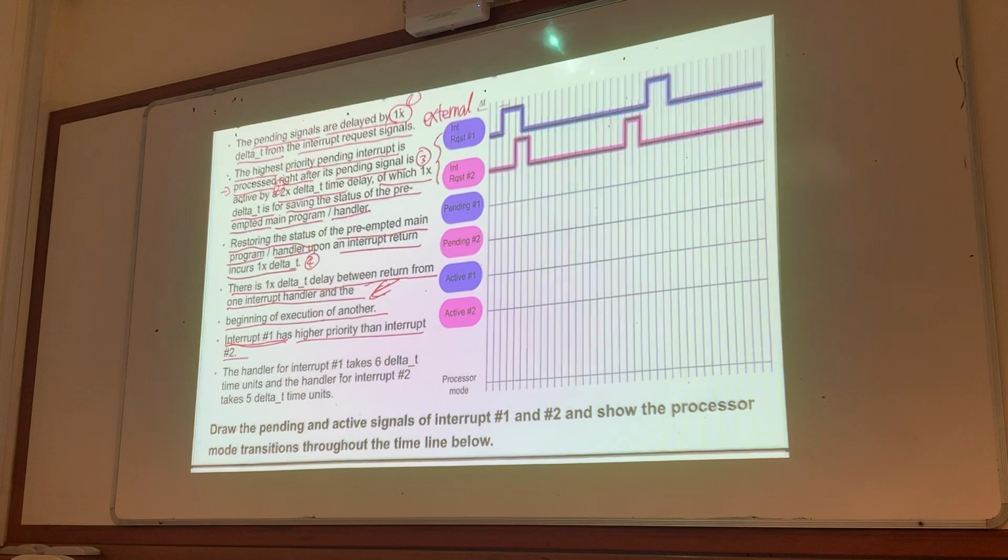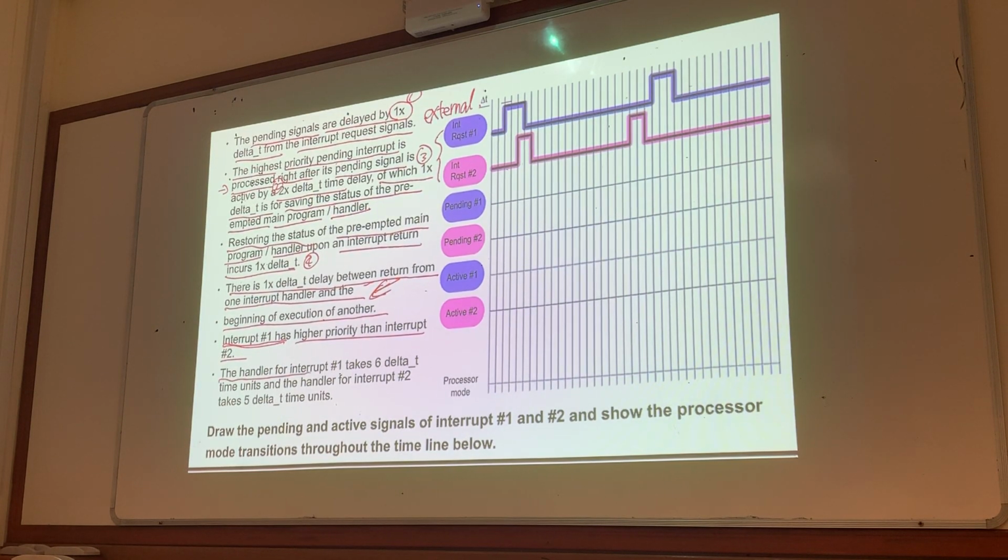And then finally, the handler of interrupt 1 takes 6 delta time, and the handler of interrupt 2 takes 5 delta time, which means the length of your handler. Your handler has some code inside, so it takes some time to be executed, right?